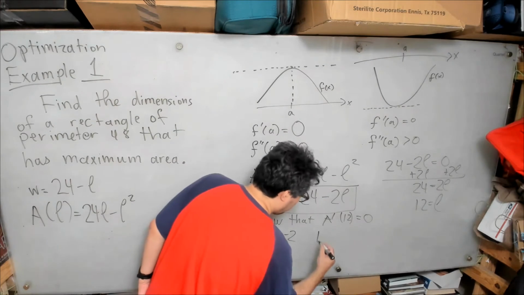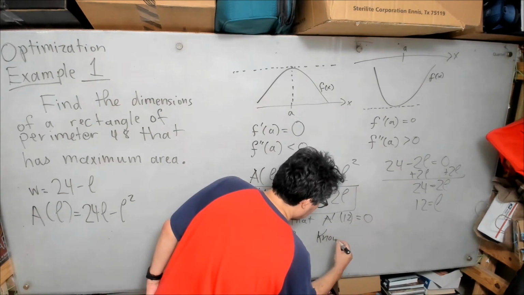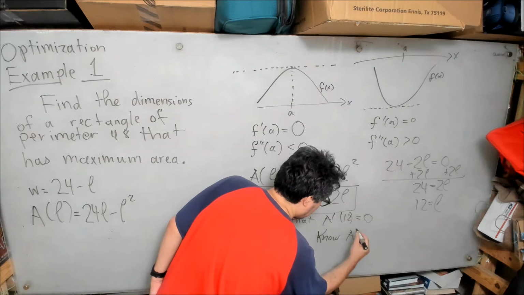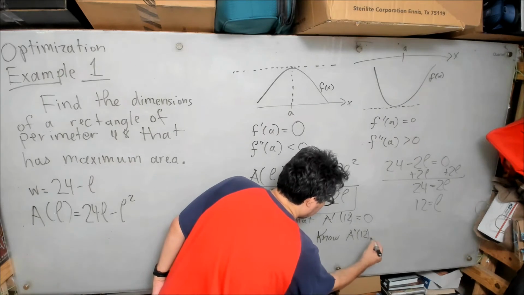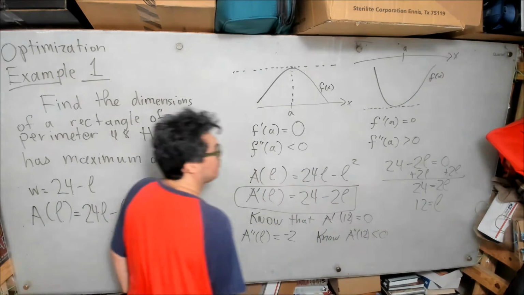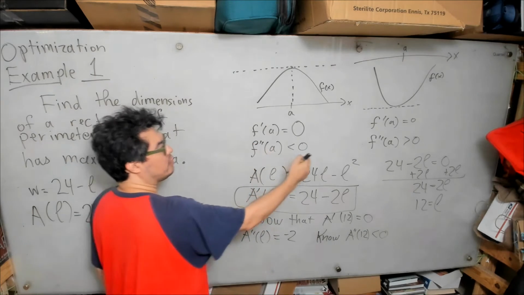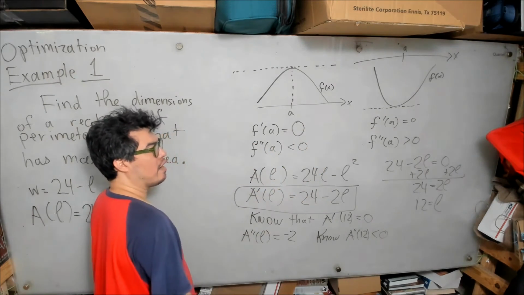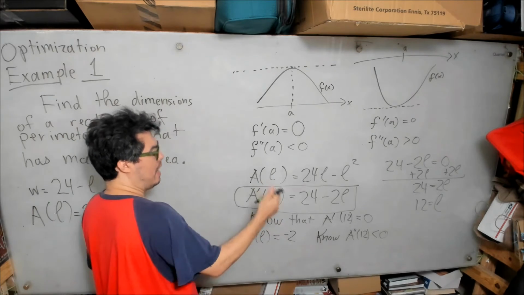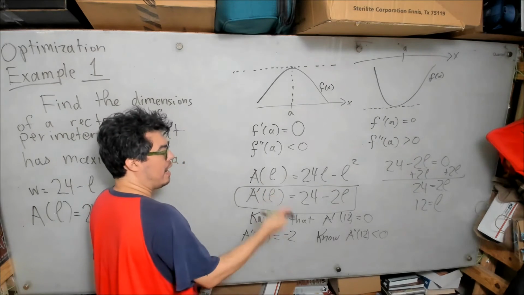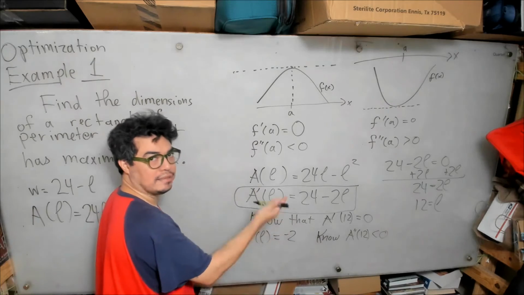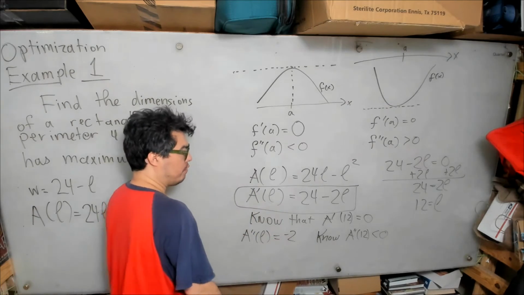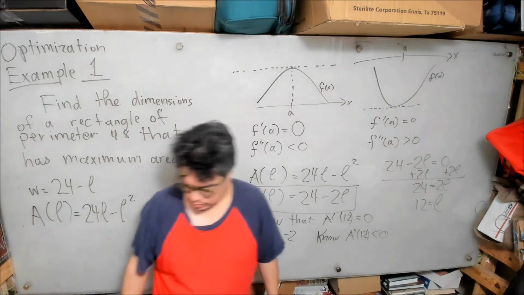So we know now that A double prime of 12 is less than 0. And we can see that we have satisfied both of the criteria in this scenario, which means that we can say that the area of the rectangle is maximized for L equals 12. Okay?